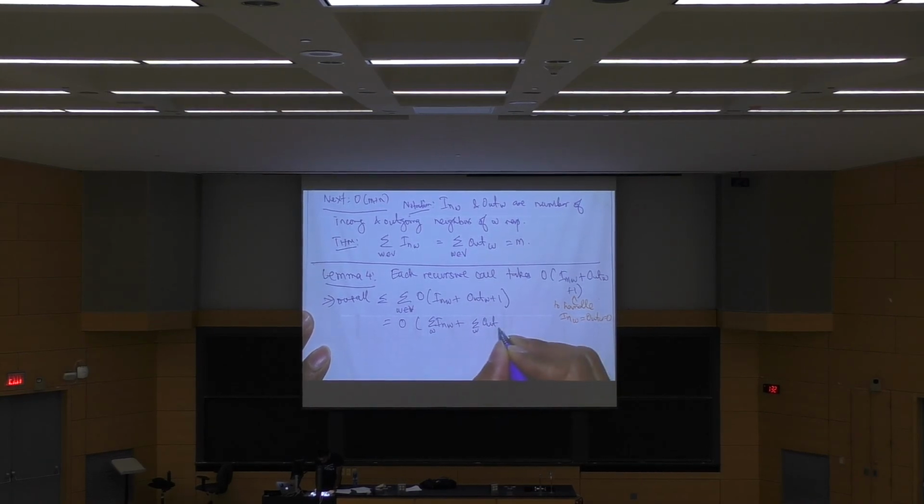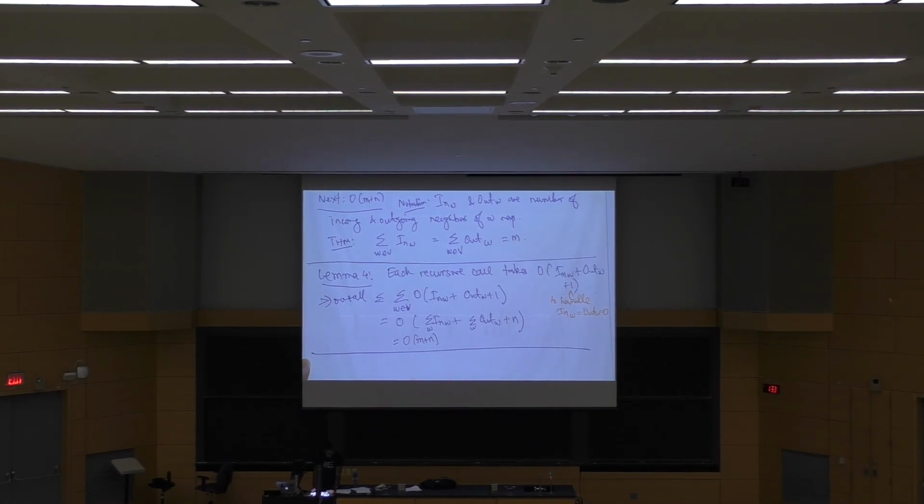So sum of in degrees plus sum of out degrees plus n, because you're summing 1 n times. And we have just seen both of these are m. So that would be order m plus n. So assuming we can prove lemma 4, we have argued that the runtime is order m plus n, but we still have to do that.